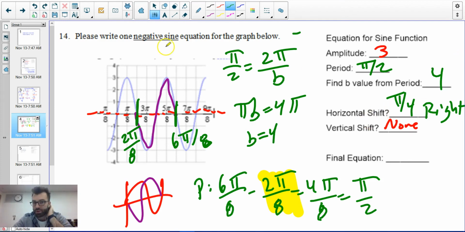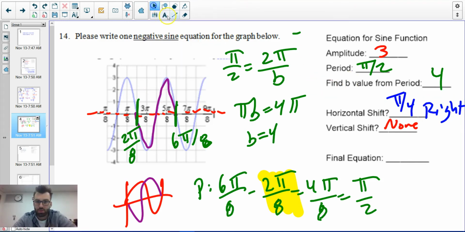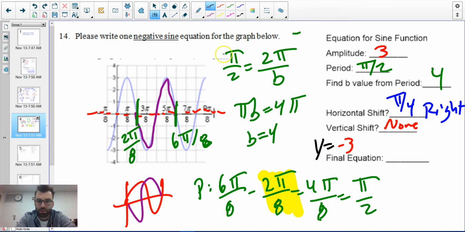Now I'm dealing with the sine, so I have to plug everything into my equation. So my final equation will look like this. Let's make this blue. Y equals amplitude. Since we're looking for a negative, that'll be a -3. I'm looking for one negative sine here.